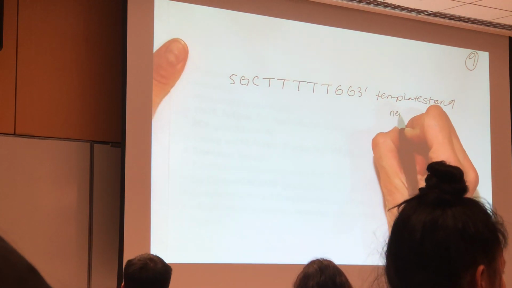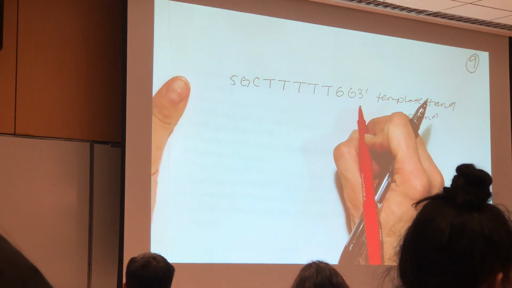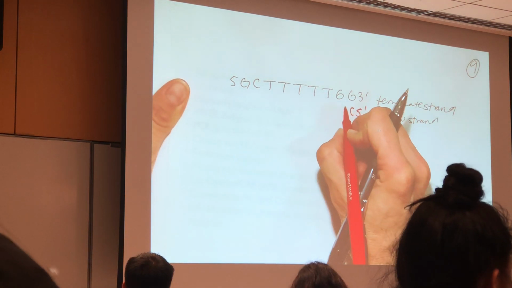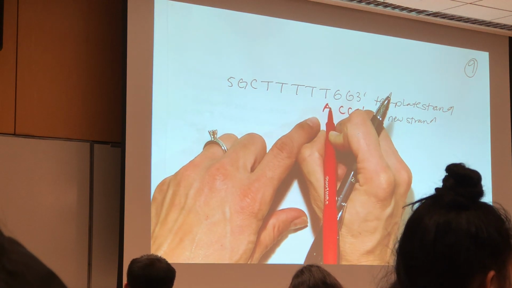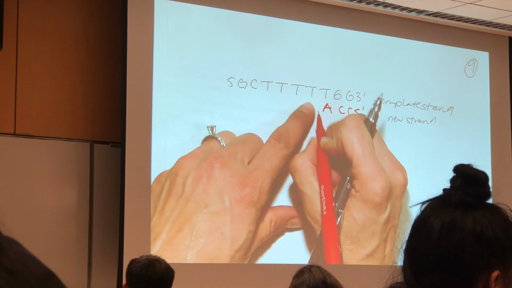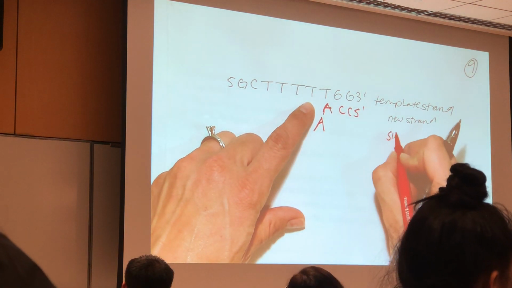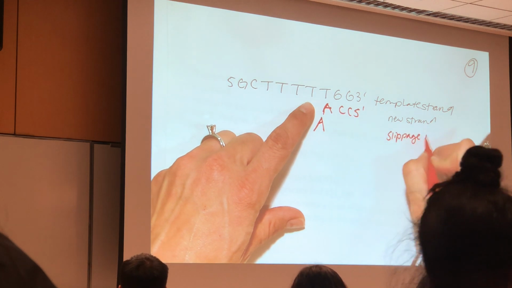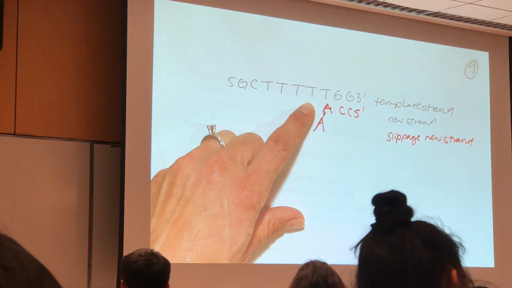And this is the new strand. C, C. And if DNA polymerase adds an A, and then adds another A, so that A slips out. So we have slippage of the new strand. Right?